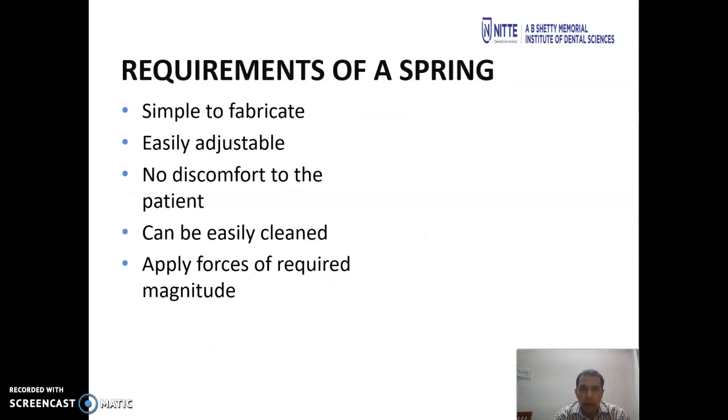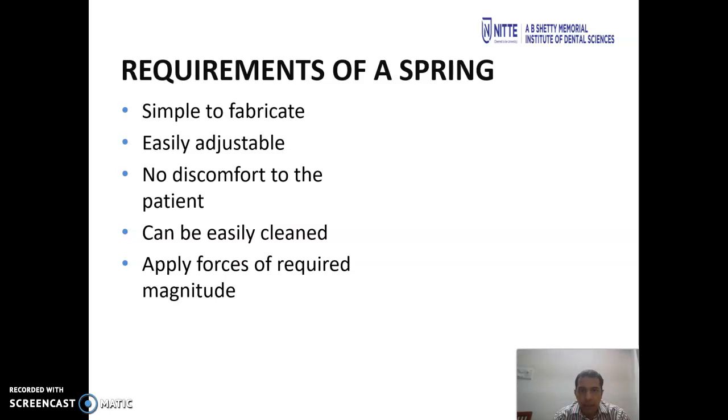Now, the requirements of a spring: they should be simple to fabricate, easily adjustable, should not cause discomfort to the patient, and should be easily cleaned. The forces required for movement of teeth should have the required amount of force to cause the movement of tooth.